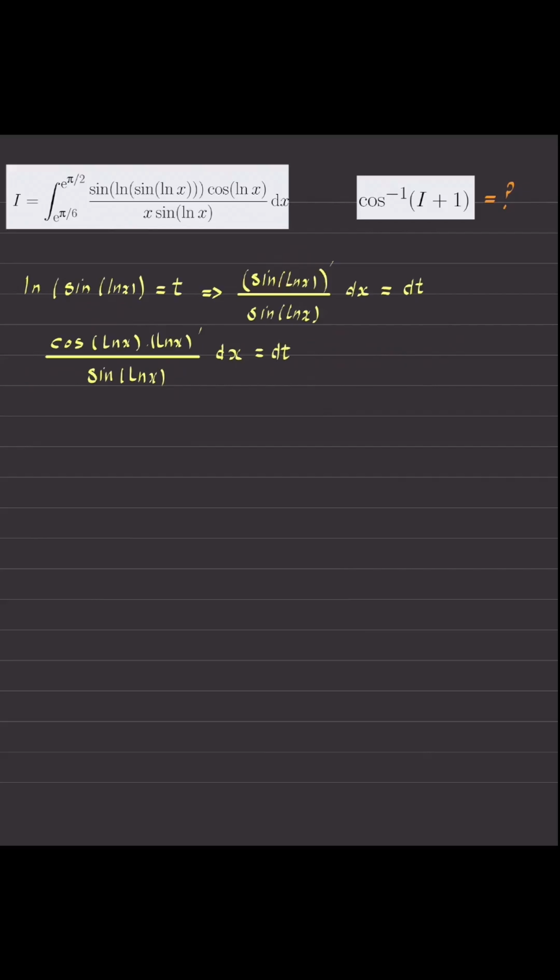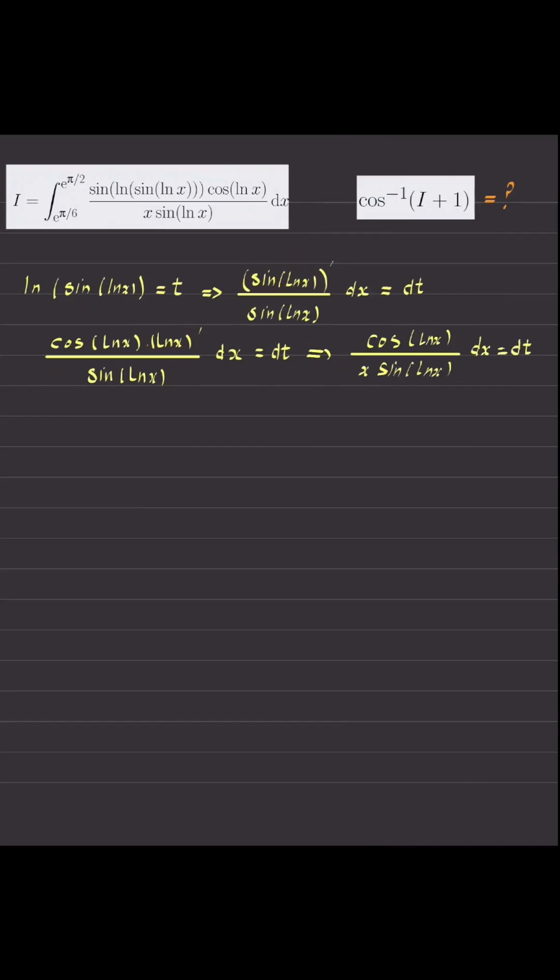But this one is very simple, so you know that the derivative of ln of x is simply 1 over x, and this x goes to the denominator. So what I will have is cosine ln of x divided by x sine ln of x multiplied by dx equals dt.